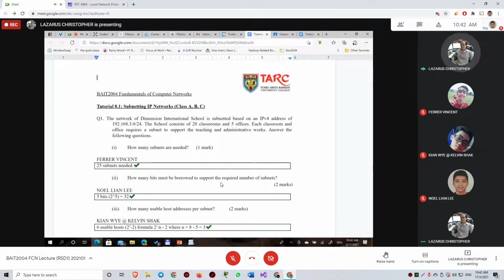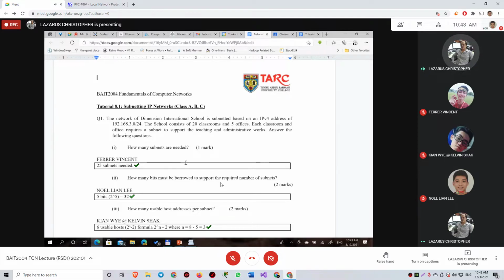The smallest number of hosts required for a subnet is for a wide area network connection from router to router. With router to router, because it is point to point, you need addresses only for the two interfaces. So let's look at this question. Normally questions will be given like this. You need to know the required number of subnets for subnetting.